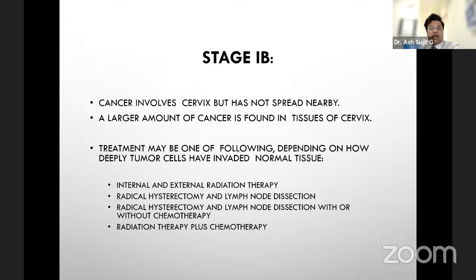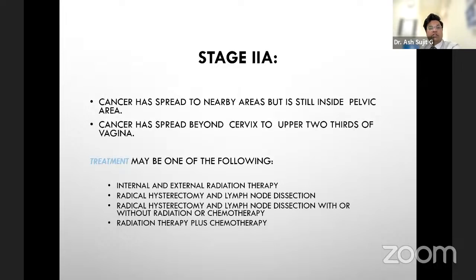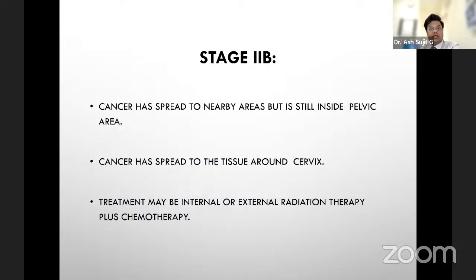Stage 1B will have a radical hysterectomy with lymph node dissection, with or without chemotherapy, depending upon where the cervix is involved. Stage 2A, it's spread around. So, therefore, in such situations, you will definitely require radiation therapy along with your surgical aspect of radical hysterectomy. Stage 2B, the cancer has spread to nearby areas and there's cancer which is around the cervix.